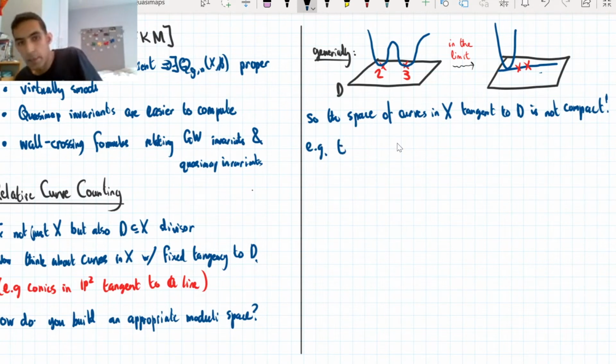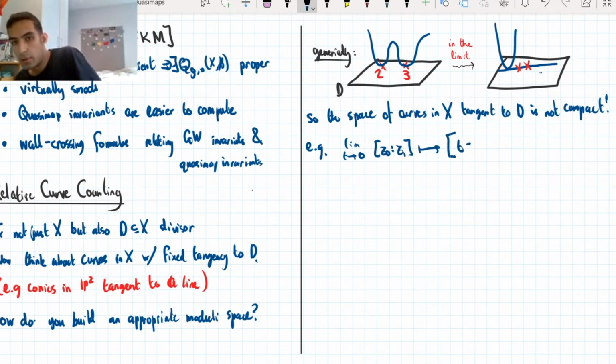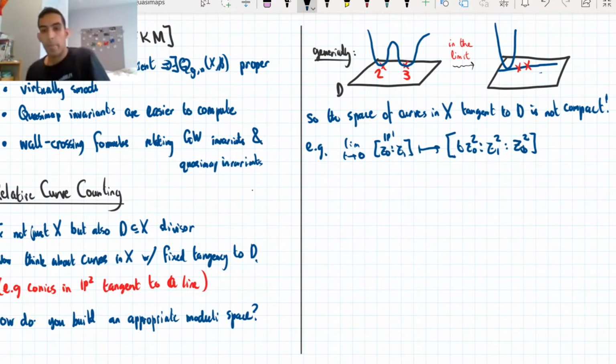Okay, so yeah, an example. Kind of similar to the one we saw before, consider as t goes to 0 the following map. I send z0, z1, so this is on P1, to t z0 squared, z1 squared, z0 squared. Okay, and so this is in P2. And let D be the vanishing of the first coordinate.